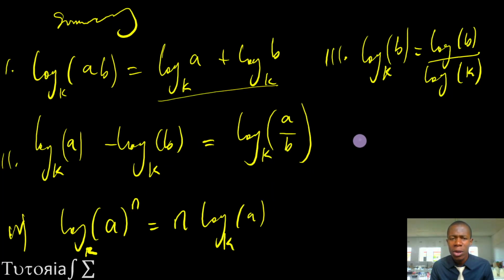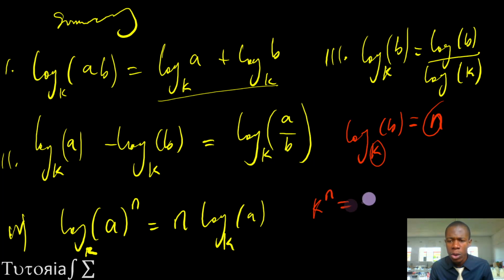And we also talked about converting a log into index form. So if you have log of b to base k equals n, how you convert this is that the base becomes the base, so you start with k raised to the power n is equal to b. Then we also talked about how you can change this to logs.